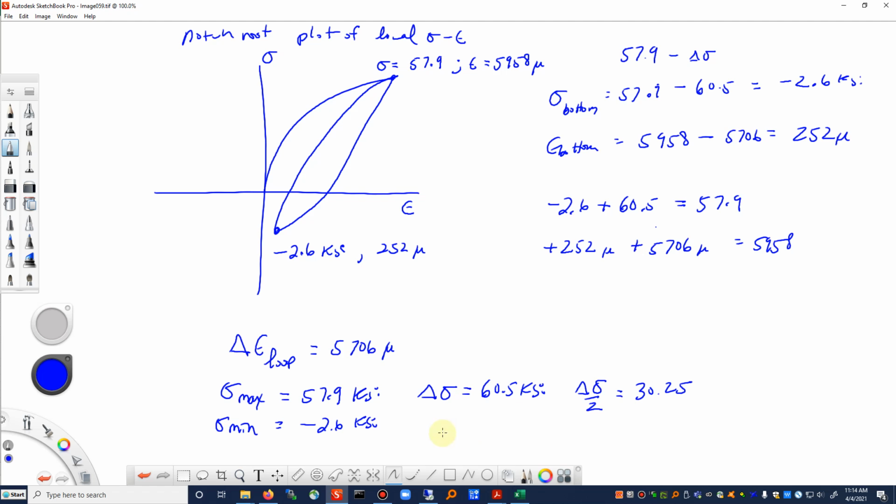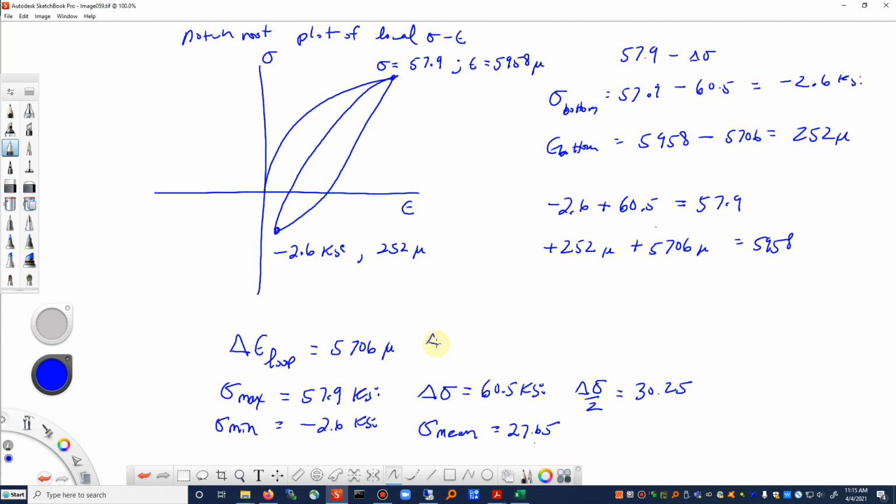My mean stress, 57.9 plus negative 2.6, divide that by 2, should be 27.65. And we ought to be able to calculate the maximum again by taking the mean and the amplitude. So 27.65, and I'm going to add 30.25, and I get 57.9, and that does check out.